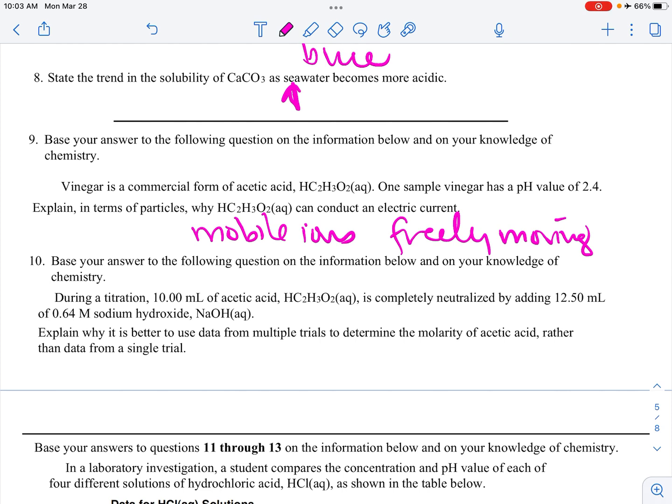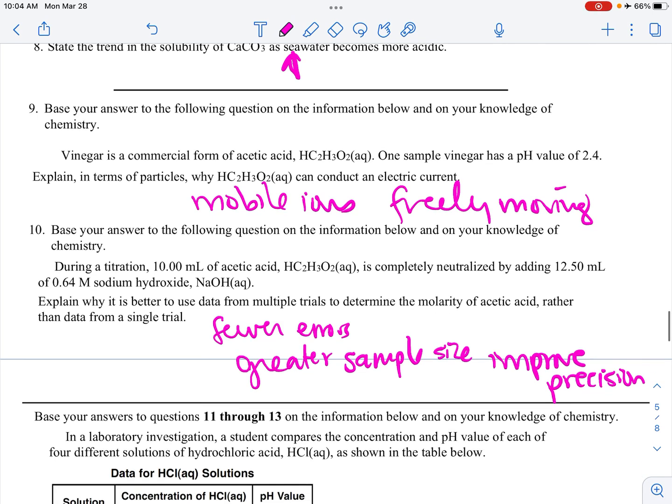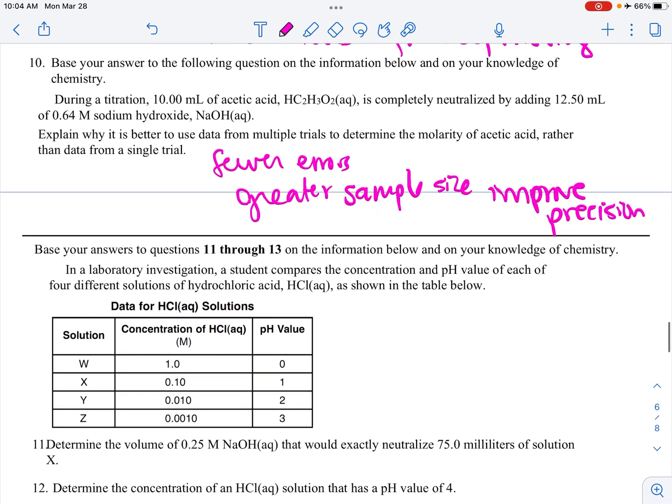Explain why it is better to use data from multiple trials to determine the molarity rather than one. You're going to have fewer errors. You're going to have a greater sample size. Improve precision. Remember, precision means the repetition or reproducibility. So you definitely need to do it more than once.